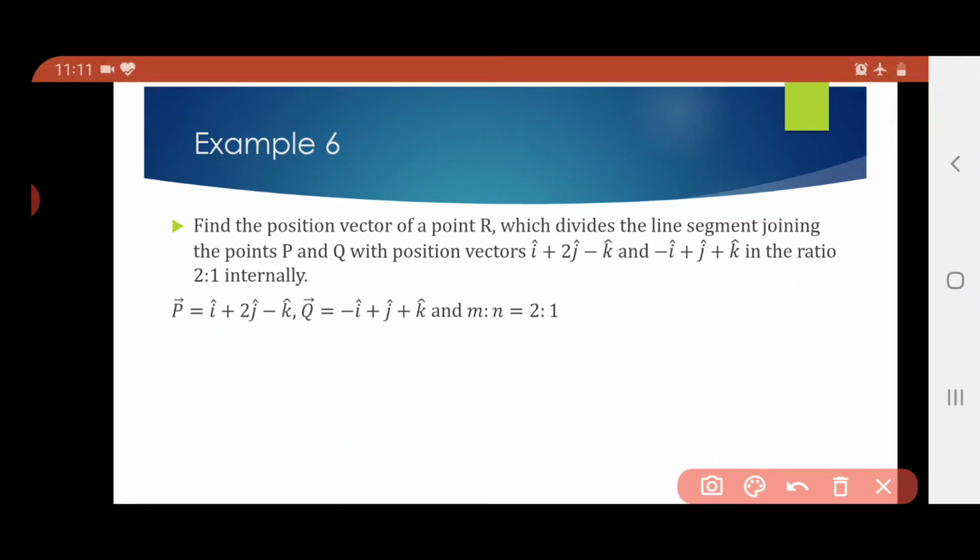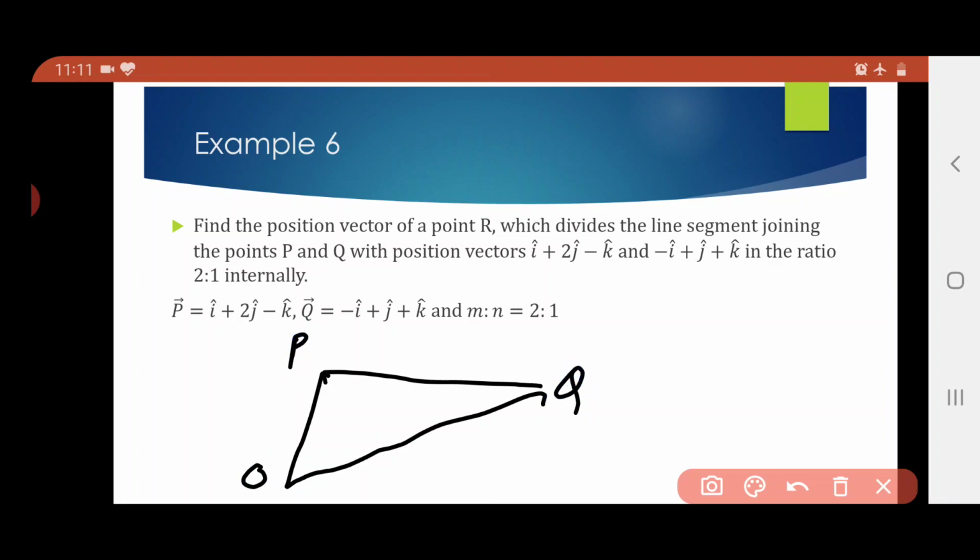Section formula for vectors is all the same as that of the scalar. So the idea is pretty much something like this. We have a line segment like this, say this is the origin. Now this is the point P, this is the point Q, and this is the OQ vector, this is the OP vector, and this is the vector R which is dividing this line segment joining PQ in the ratio m:n. Now if this would have been scalar, we know what the formula already is.